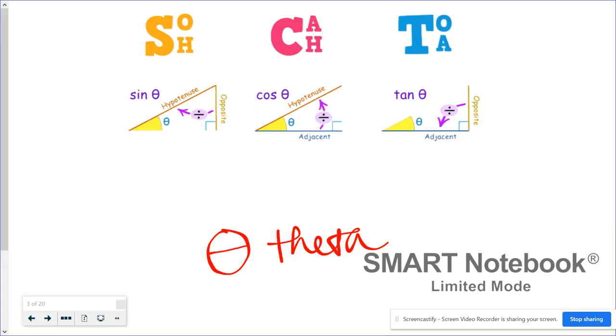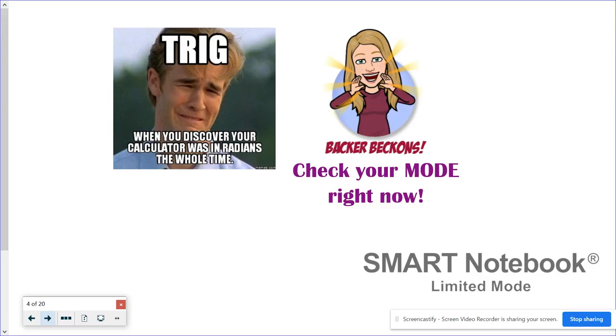I can use these trig relationships to find missing sides and missing angles in a right triangle. In the problem I simply need to ask, what do I know, what do I need to know, and how can I find it? And then we can use our calculator to actually find the measurement for us.